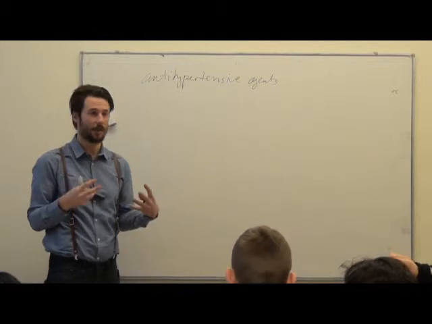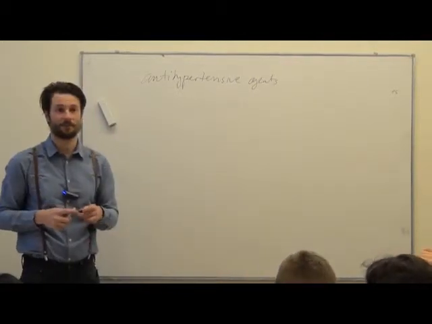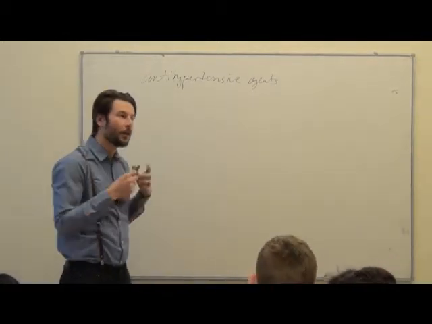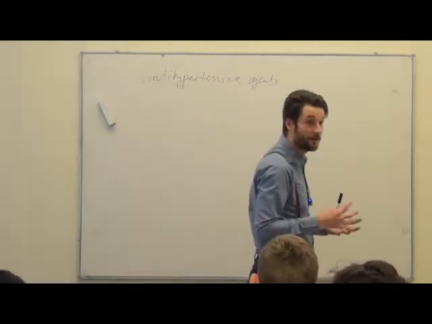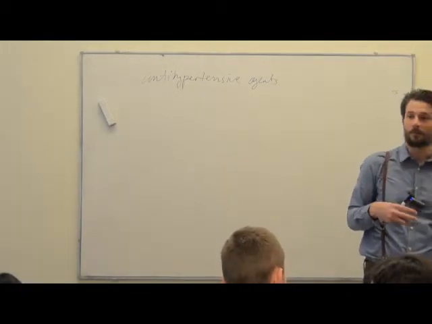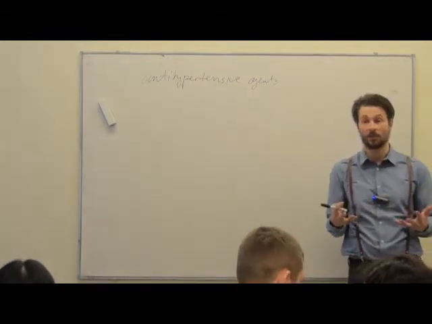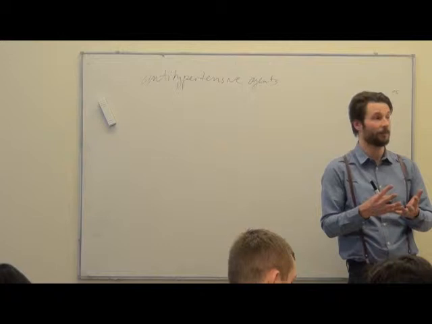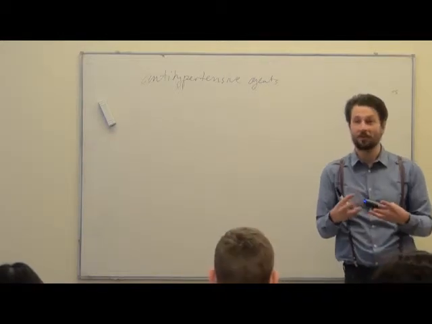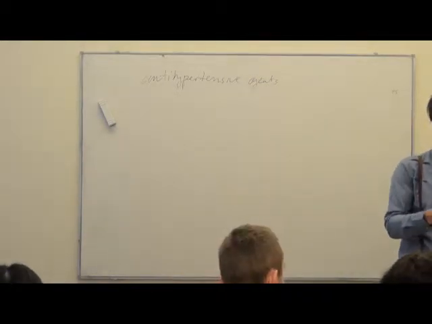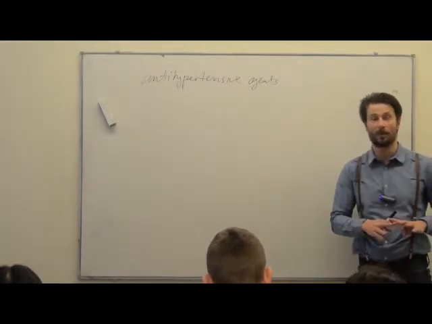Antihypertensive agents. Knowing what you know about signaling, especially catecholamine signaling, we talked about which receptors are responsible for increasing blood pressure. Which receptors would you target if you wanted to lower a person's blood pressure?